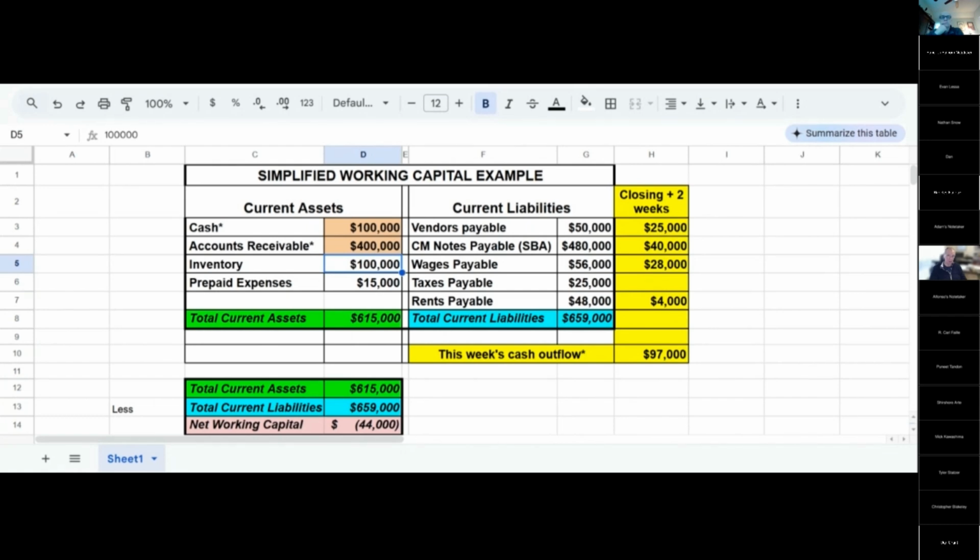But if you're running your budget or your projections based upon historical information, and all of a sudden a new owner comes in, those sales may not continue. Instead of doing $100,000 in volume a week, it may be down to 75. So you really can't count on the receivables you're being paid being replaced by new receivables, if that makes sense.